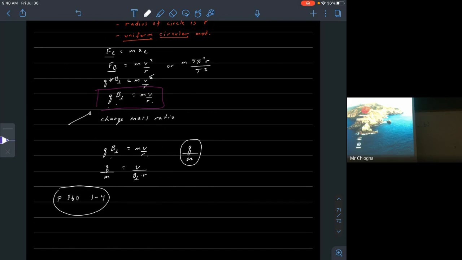Where's the velocity? What is speed perpendicular to r? Right, but then, is this a vector of the force magnetism? Speed.